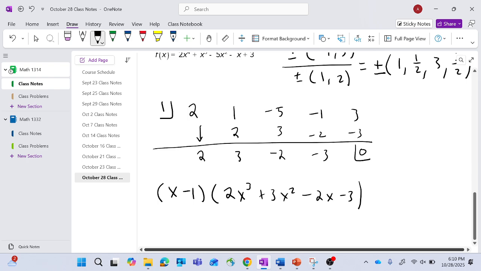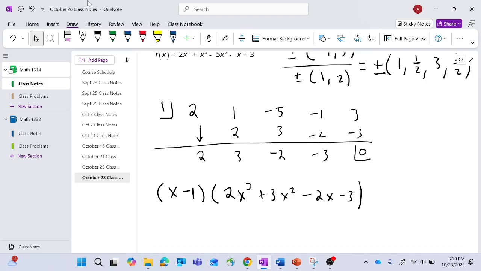You remember from last class, if you divide something and have a remainder of 0, that means you can factor it. So factoring, finding the zeros, solving, all those are pretty much the same thing, just slightly different wording.